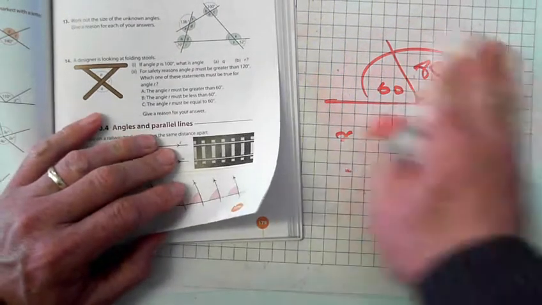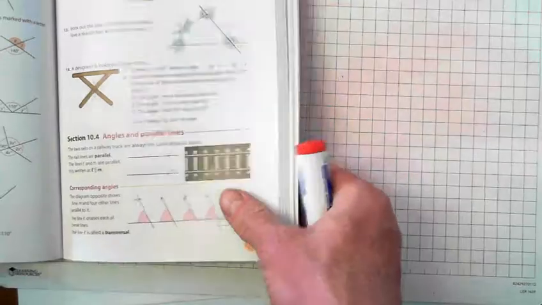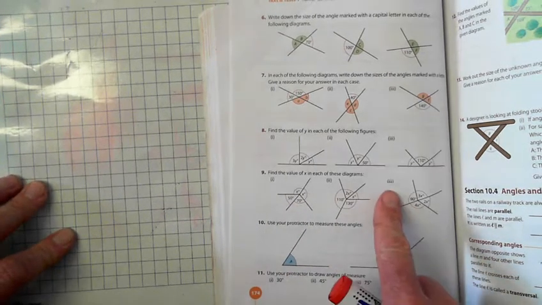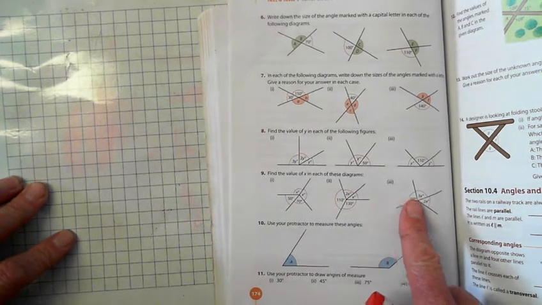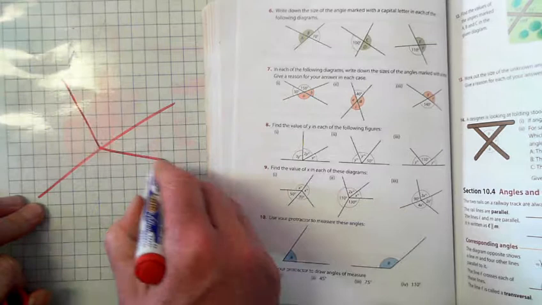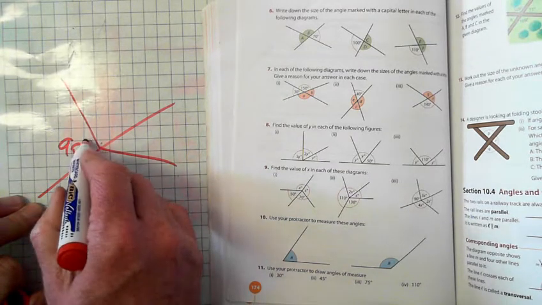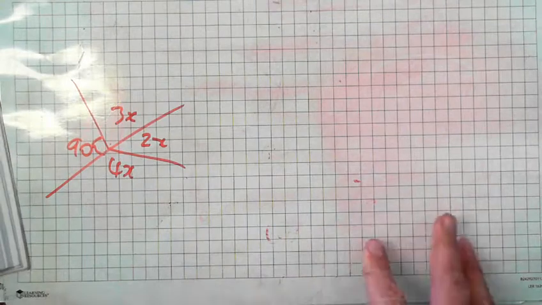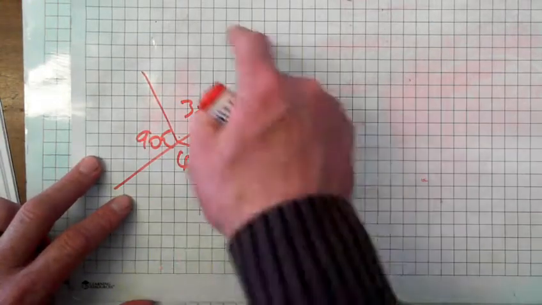All right, and we'll do one with the 360 on page 174. Question 9, part 3, page 174. So we'll do this one. So we have 90, 4x, 2x, and 3x. All right, you figure out what x is first. So it all adds up to 360.